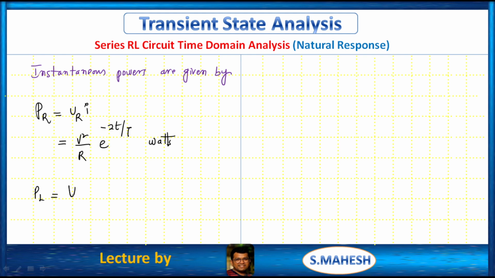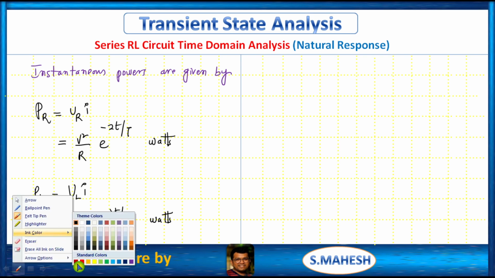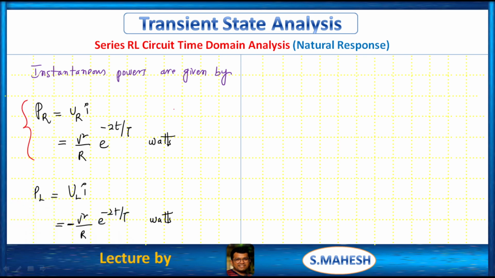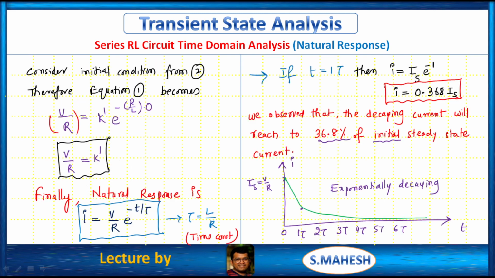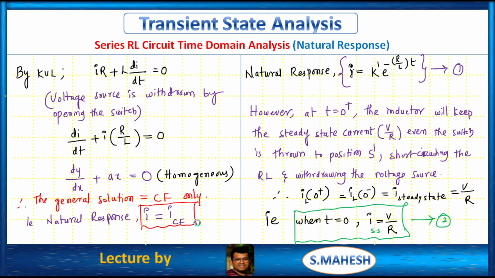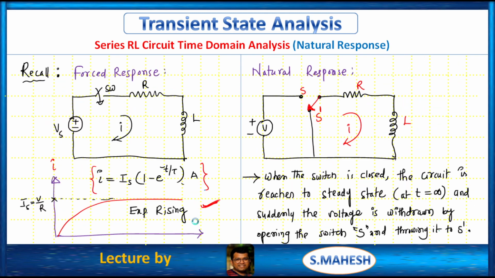PL, which is equal to VL into I. Finally we have V square by R minus V square by R e power minus 2t by tau. These are the instantaneous powers of the resistor and inductor. That's it. Okay, this is the forced response and natural response. This is very, very important.